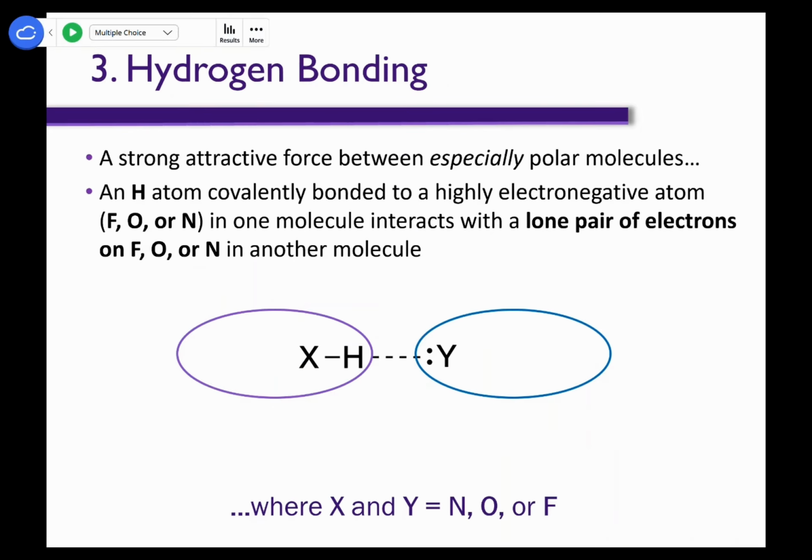Okay, and now we move on to hydrogen bonding. Hydrogen bonding is a special type of dipole-dipole attraction. It's when we have a molecule with such a strong dipole, meaning that we have a polar bond in this molecule that is either fluorine to hydrogen, or nitrogen to hydrogen, or oxygen to hydrogen.